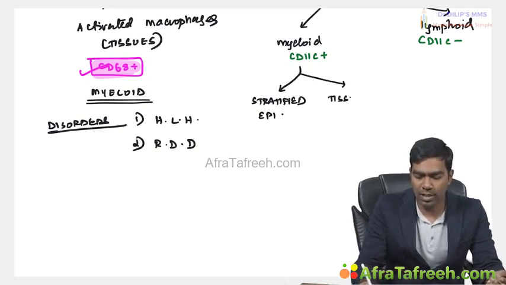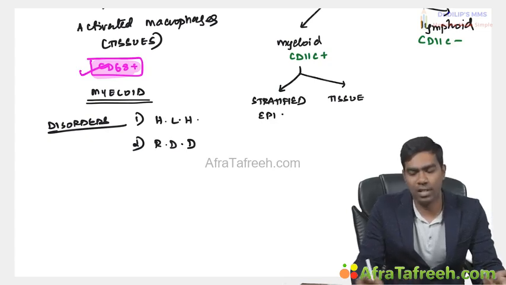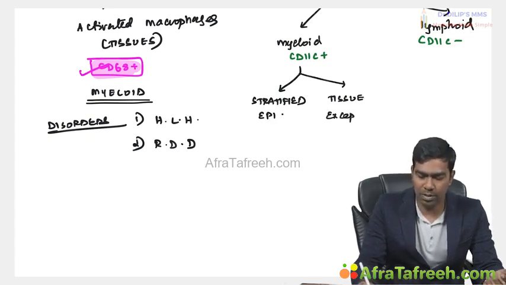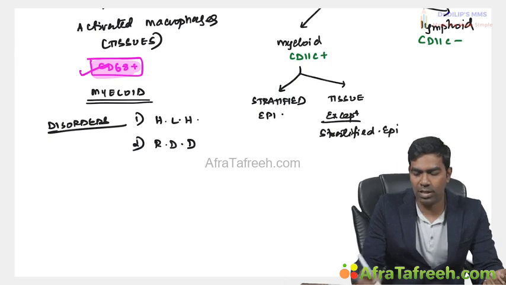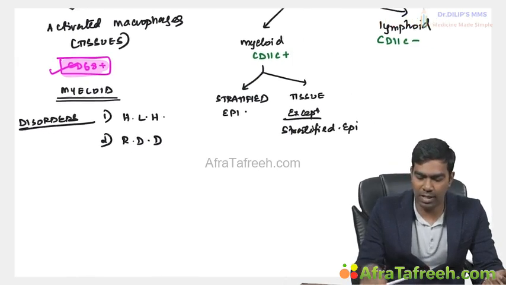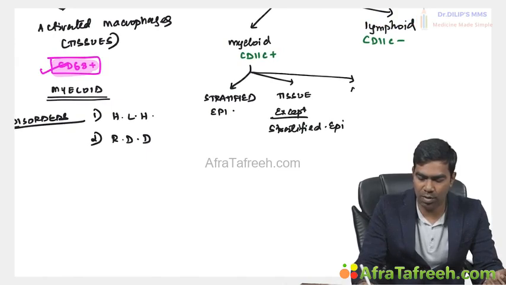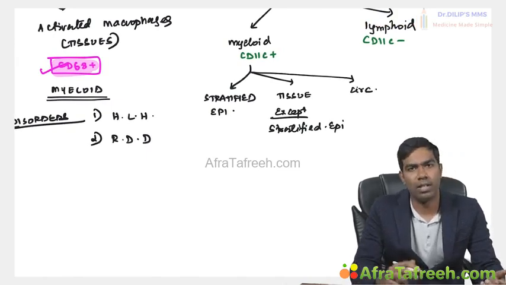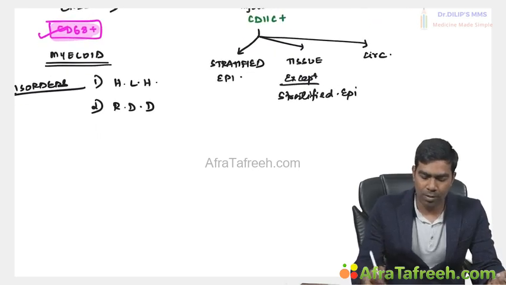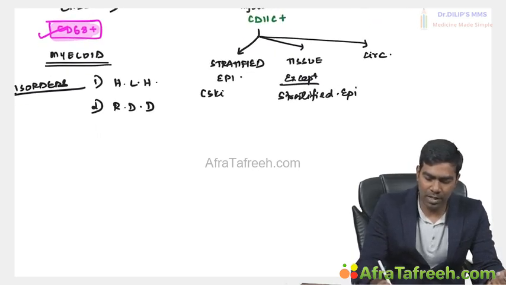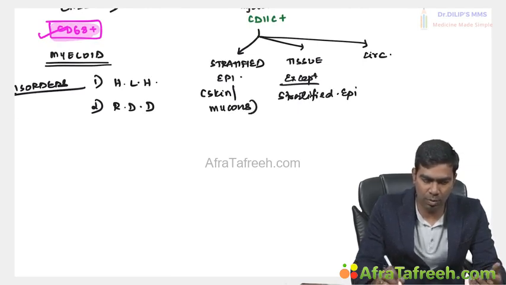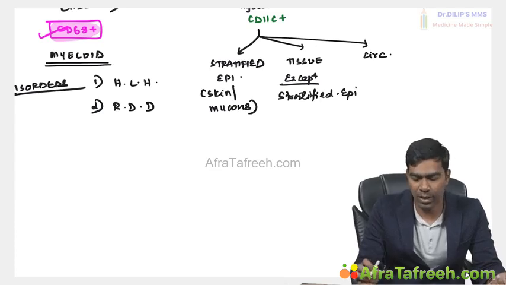Second, those dendritic cells present in the tissues except the stratified epithelium. And the third type are the ones found in the circulation, in the blood. So what is the stratified epithelium? Typically the skin and the mucous membranes. The majority of the area, skin and mucous membranes, contributes to the stratified epithelium.